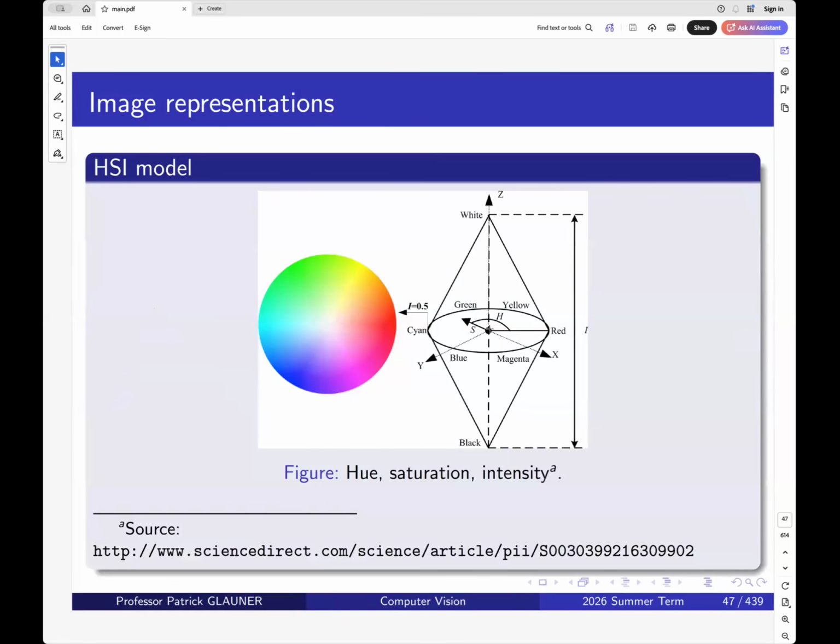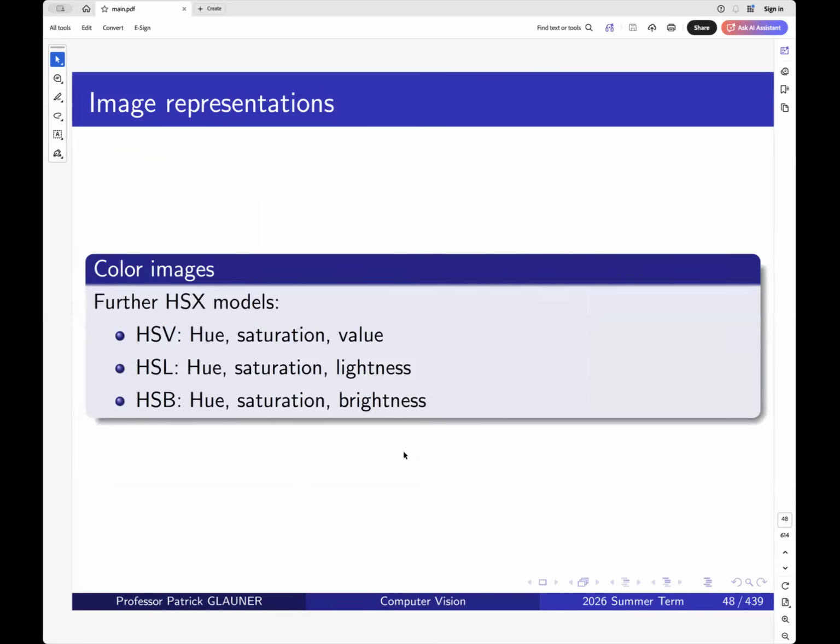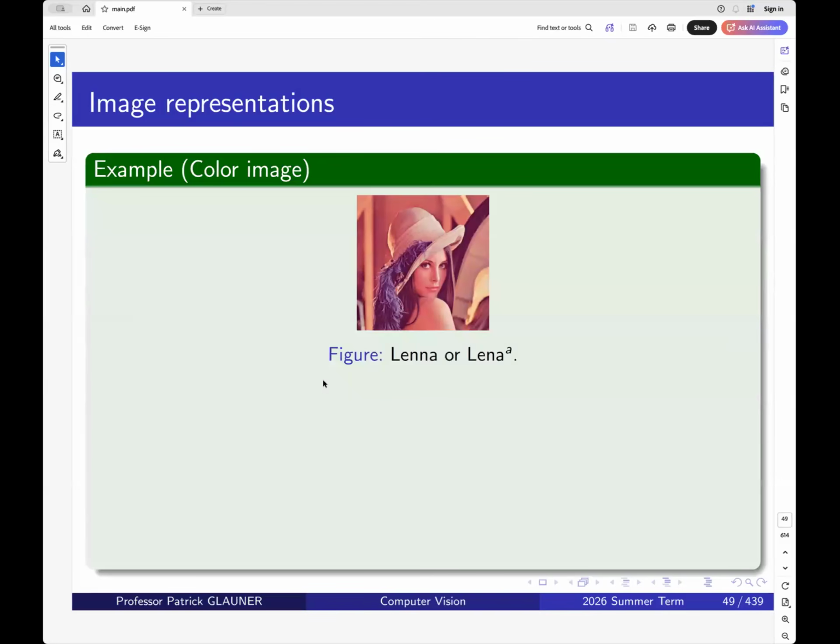There are some variations that only use one cone, not two cones, for example. And it's just variations in what the intensity means, whether it's a value, lightness or brightness. And then these models work slightly differently. So whether it's one cone or two cones depends on the model. Here, it does not really matter because we'll anyway work a lot with grayscale. And if you're curious about the conversions, just look it up.